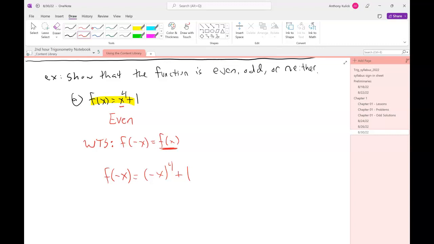So now let's simplify. Negative x to the 4th really means negative x times negative x times negative x times negative x. How many negatives are we multiplying together? If I multiply 4 negatives, what do I get? Positive. And if I multiply 4 x's together, I get x to the 4th.